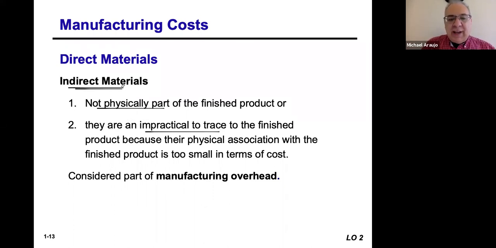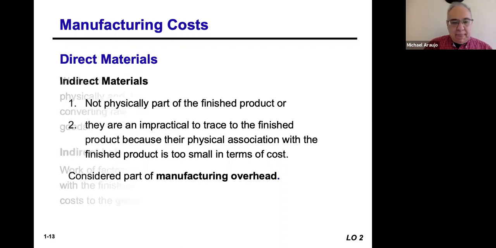So when we use any indirect material in the production of a good, we usually stick that in the category we call manufacturing overhead. Unlike raw materials or direct materials that we can actually identify clearly and we know what the cost is, right? So these indirect materials are part of the overhead.